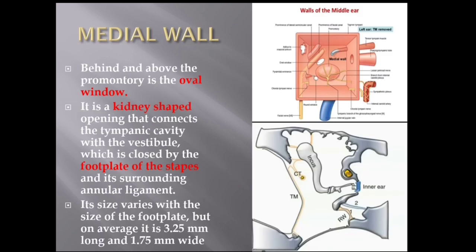Behind and above the promontory is the oval window. In this diagram we can see this is the medial wall, which is closed by the footplate of the stapes.